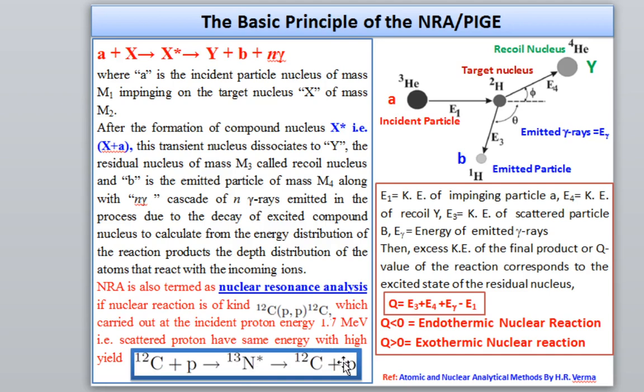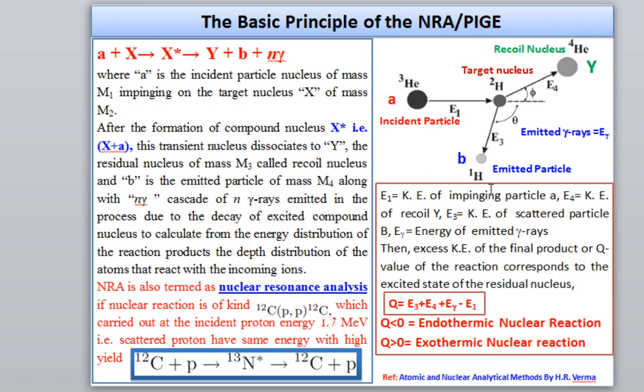I have shown it in the diagram also. Here this is the incident particle and this is the target. So helium-3 is falling on the sample of hydrogen, that is hydrogen-2, and then the nuclear reaction takes place, which I have not shown. After the nuclear reaction, hydrogen-1 will be the emitted particle, and the residual nucleus will be helium-4, and it will emit the gamma.